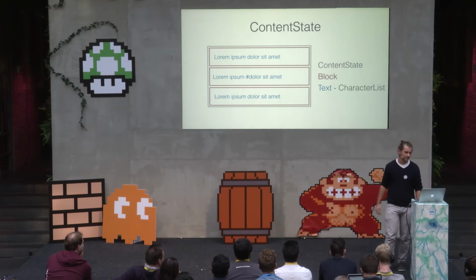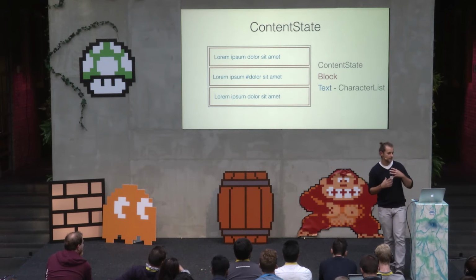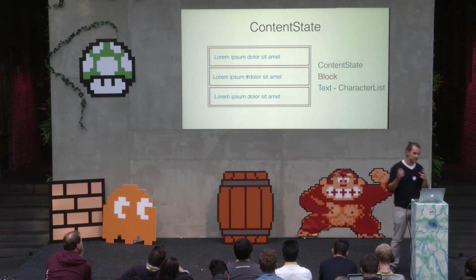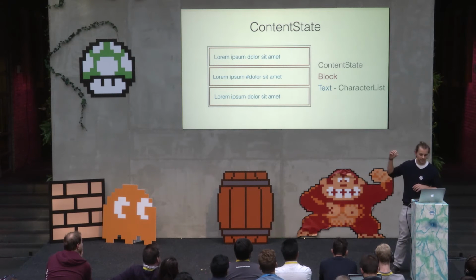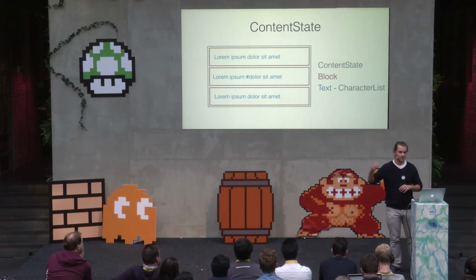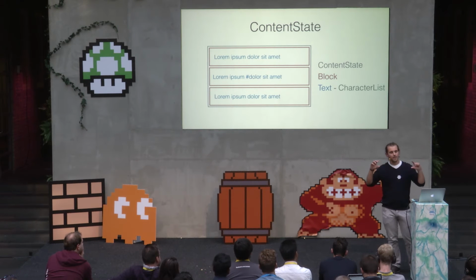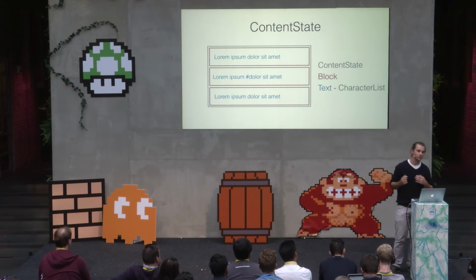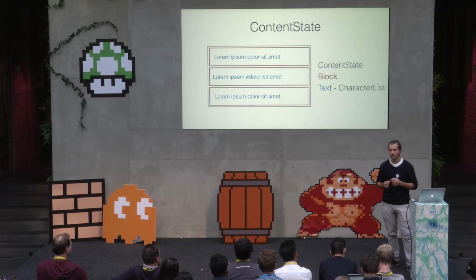Let's break down the content state. So content state, there's basically 3 levels. There's this concept of blocks. Every time you do a new paragraph, you have a new block. But blocks don't necessarily have to be text.